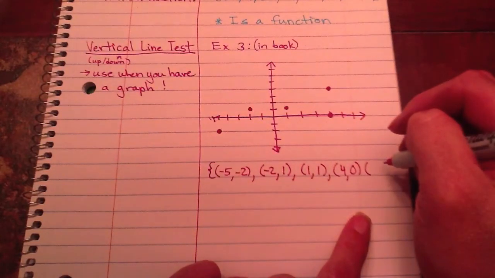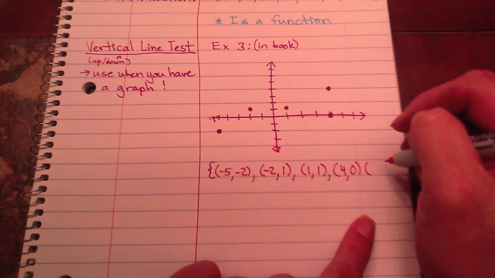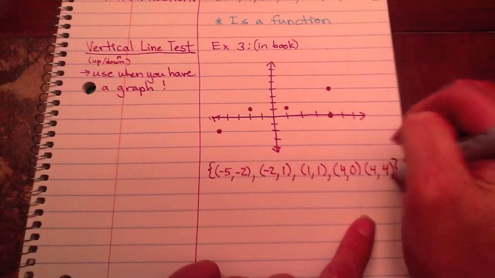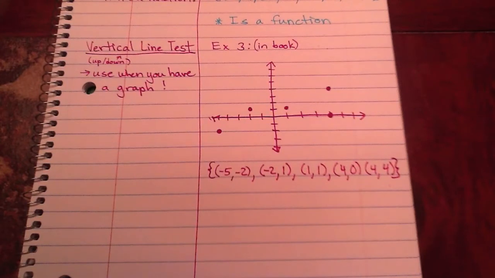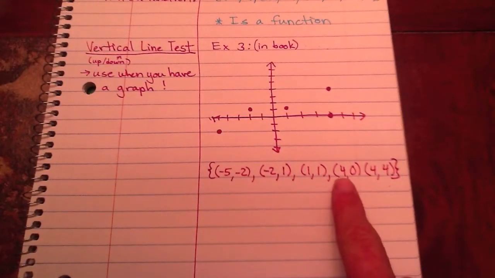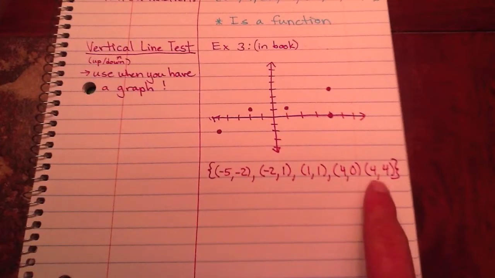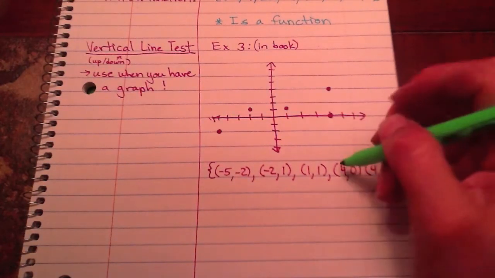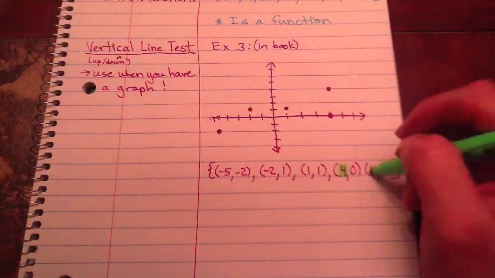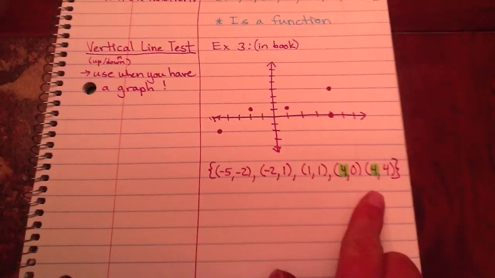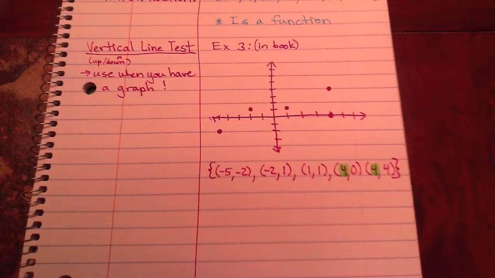And we have the point 4, 4. So, if you're already good at looking for repeating x's, hopefully you noticed we already have 2 repeating x's right here. But I'm going to show you how that relates in a vertical line test. So go ahead and make your graph, write down this with your braces, and then hit play when you're ready.